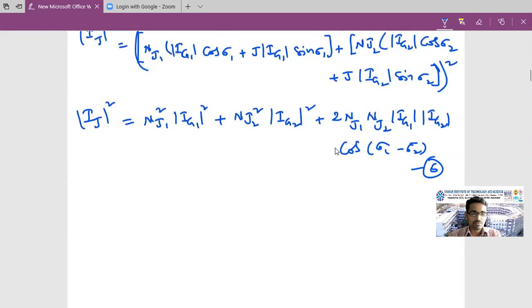And now, in terms of power generation, Pg1 and Pg2, the currents may be expressed.